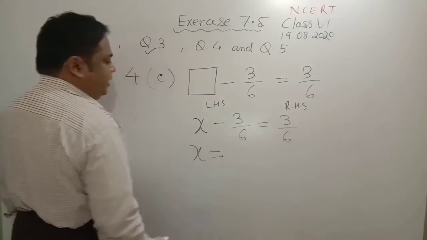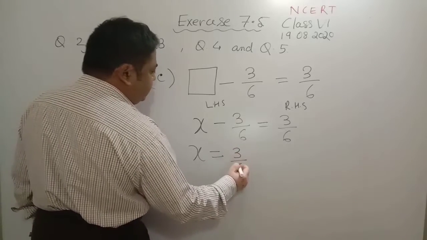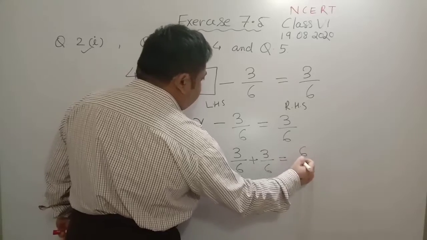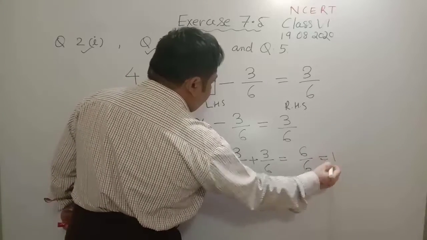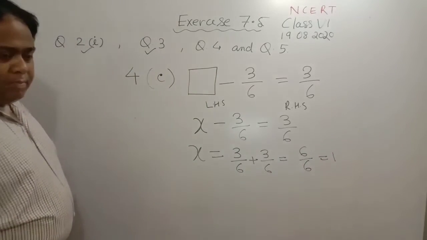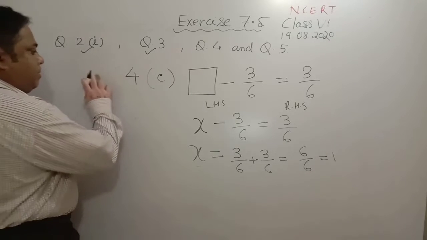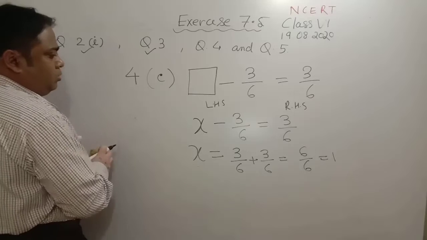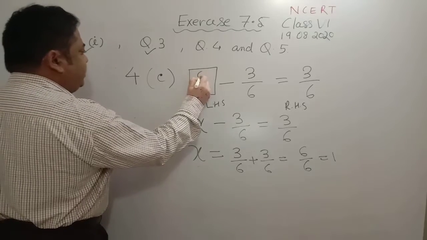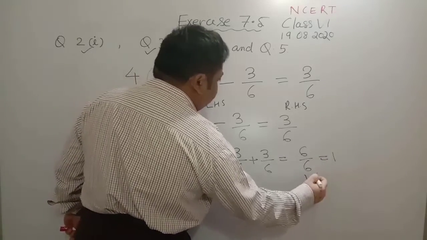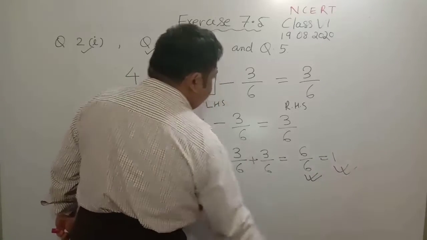You will take that side, it will become 3 by 6 plus 3 by 6 equal to 6 by 6 equal to 1. So either we can write here 6 by 6 or we can also write 1. Both are right. Both answers will be right.